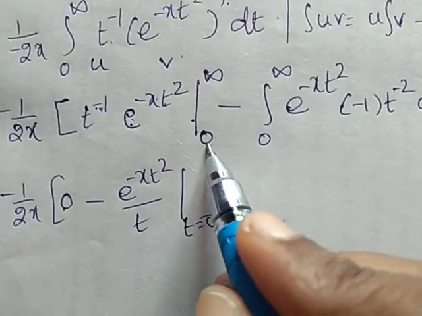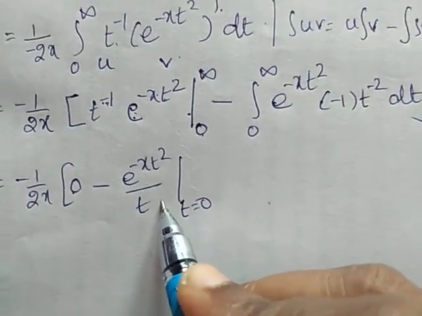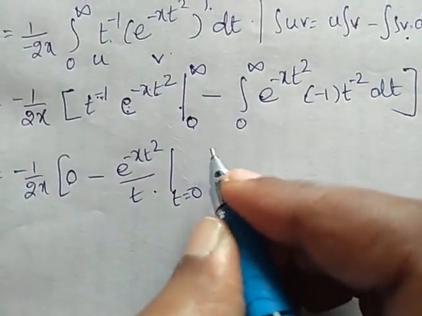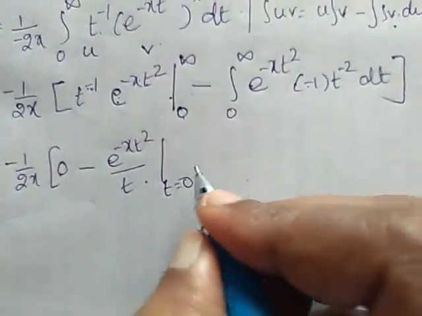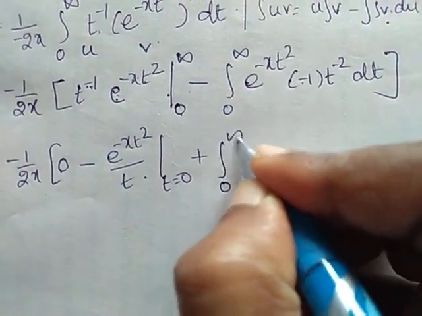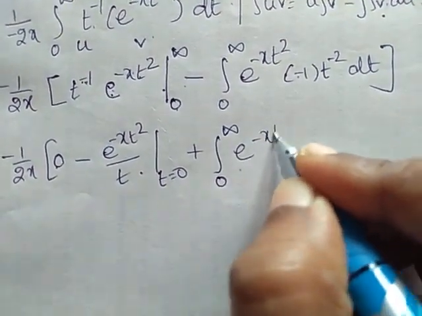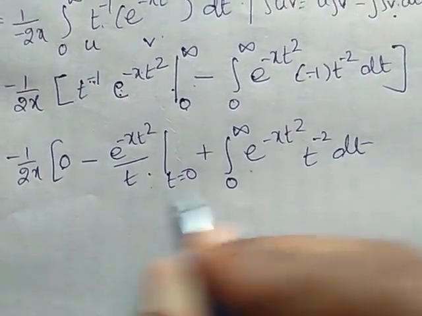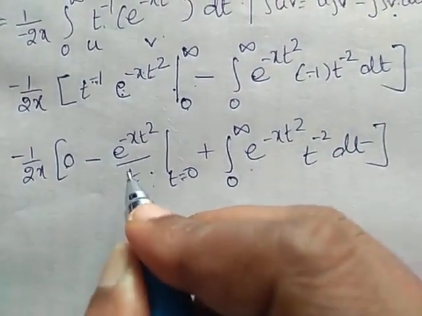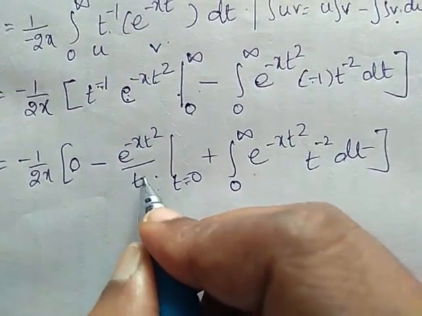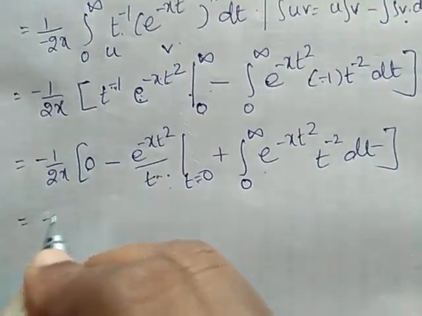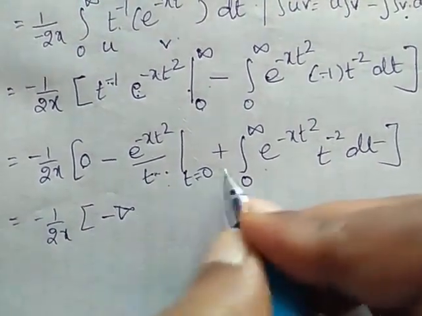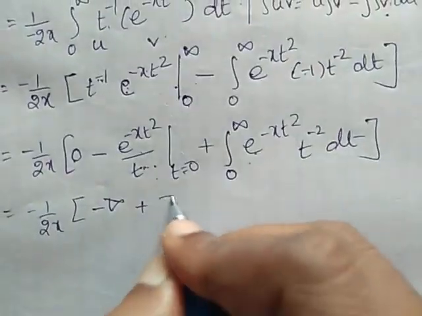Now when we substitute the lower limit, I have written it separately like this. The next term is minus into minus, plus integral from 0 to infinity of e power minus x t square into t power minus 2 dt. If I substitute t equal to 0 here, this will become infinity. So our solution is minus infinity and this is our integral.